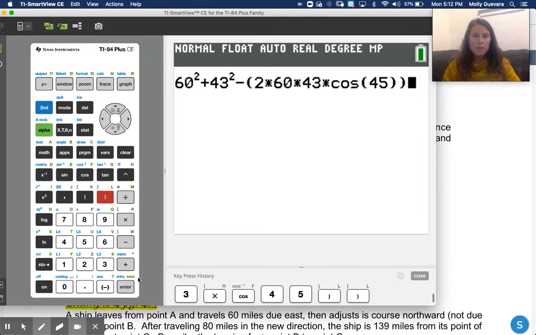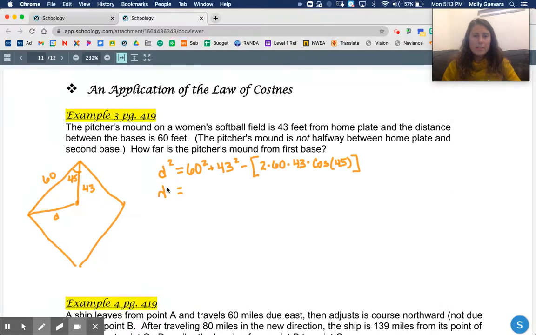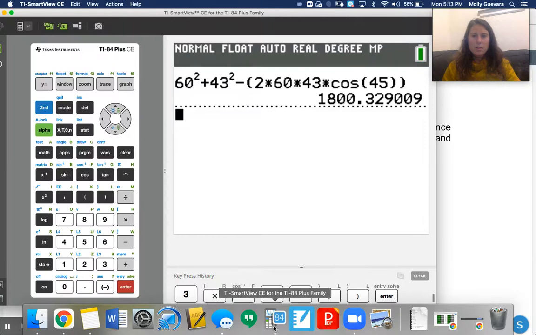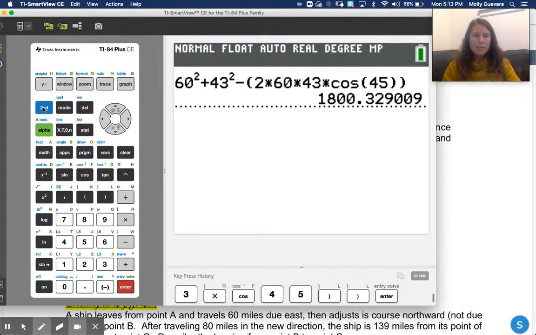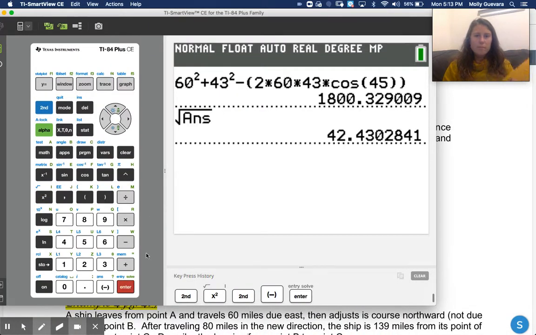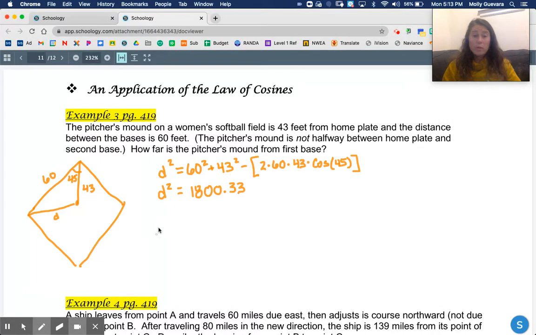And then I close it all. So I get that d squared is equal to 1800 something, 0.33. Right, so then I need to take the square root of that.